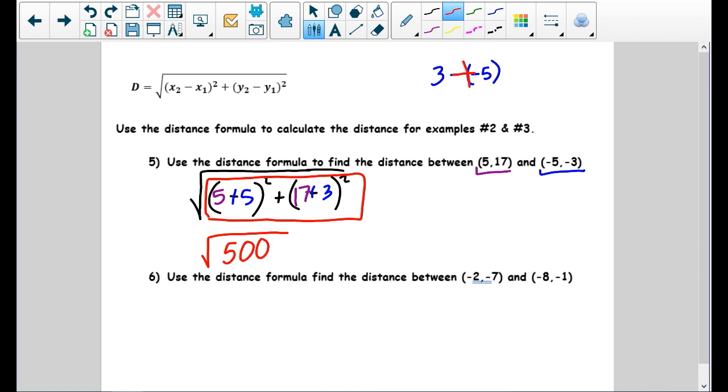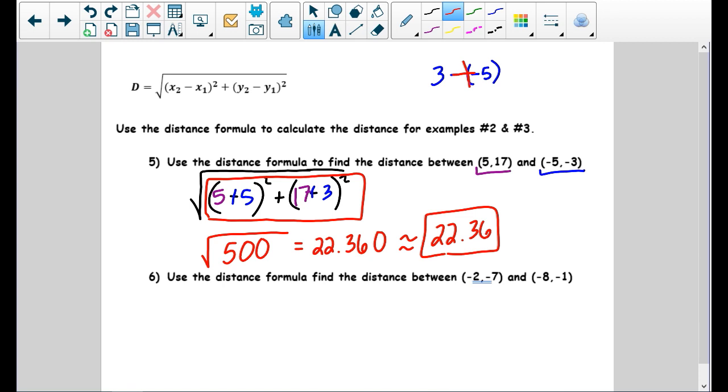Hopefully, check it, double check it, make sure you get 500. So square root of 500 then, 22.360. So again, you can round that, keep the 6 the same, so 22.36 is my answer, okay?